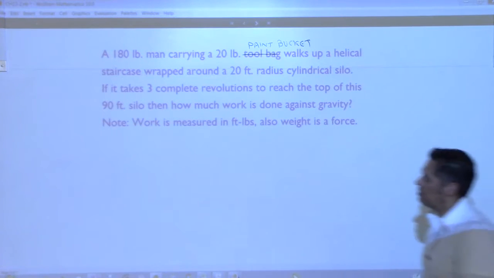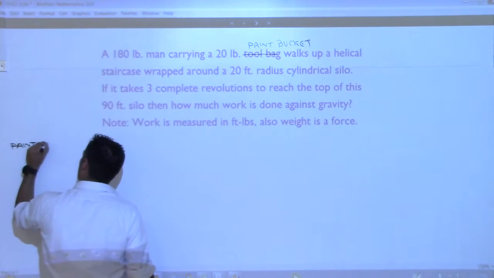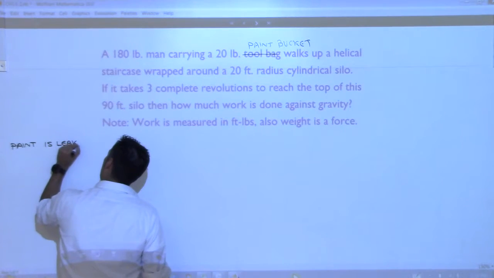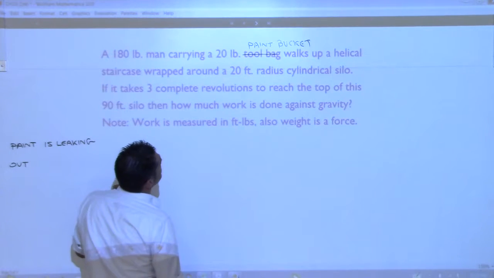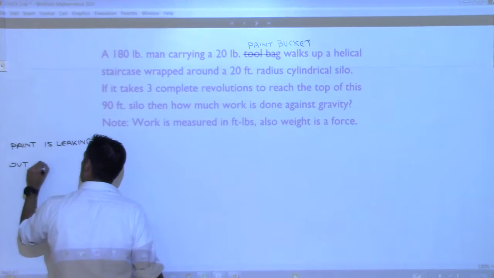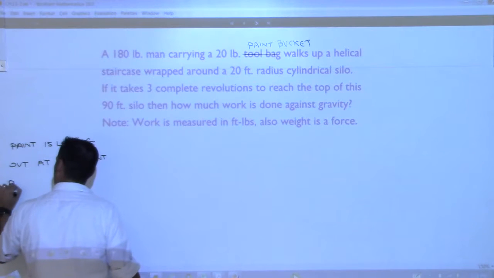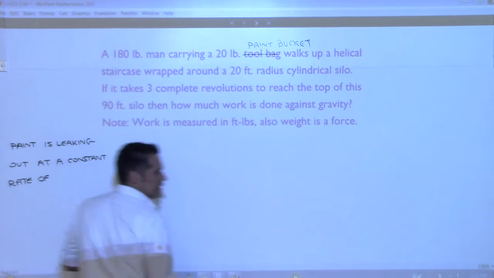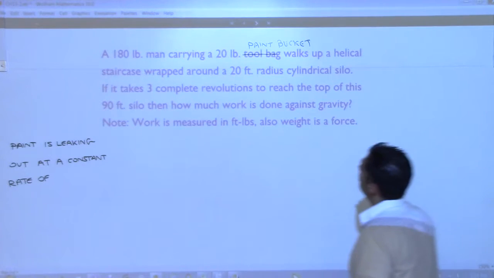But here's the catch. Paint is leaking out at a constant rate of, let me see, I worked this on my own because I wanted to not have to do some of the computations, so let me stick with the same thing that I chose to do. 0.2 pounds a minute.